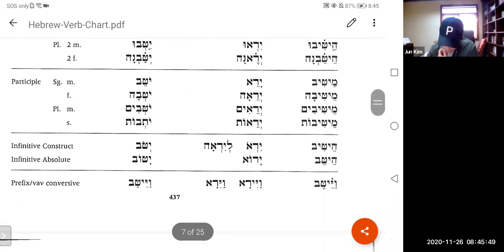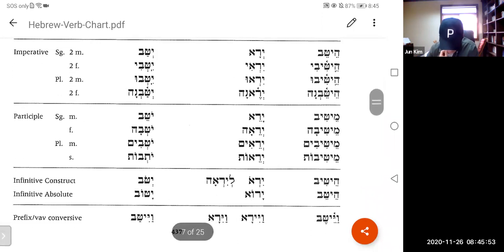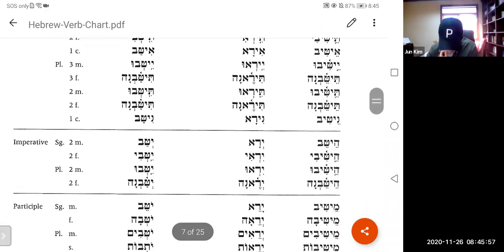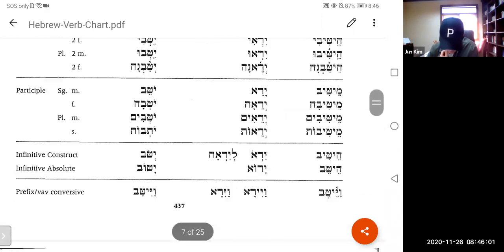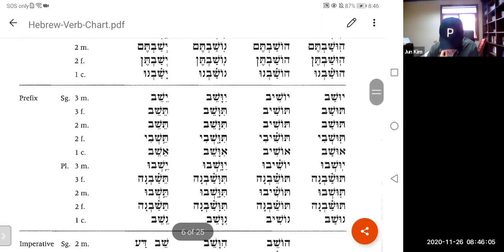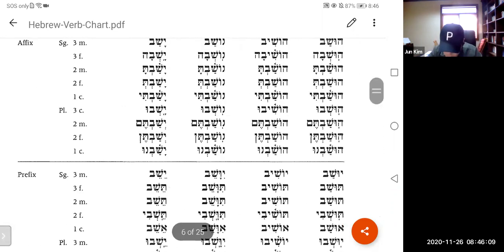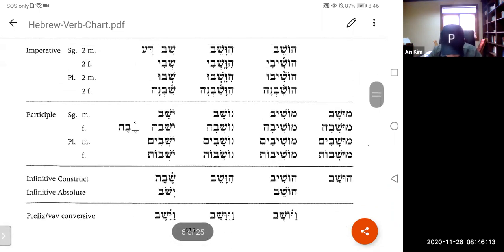Imperative form is here. Let me see. Okay, here. First yod, page 436.